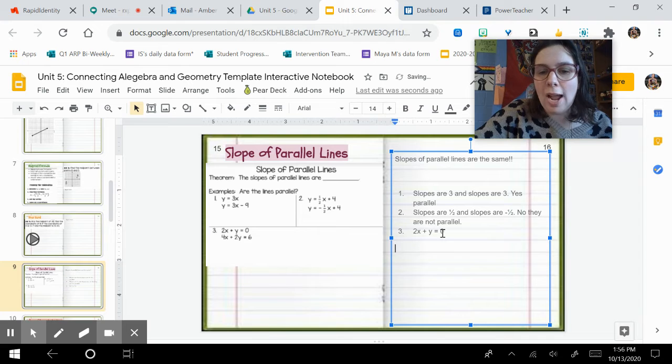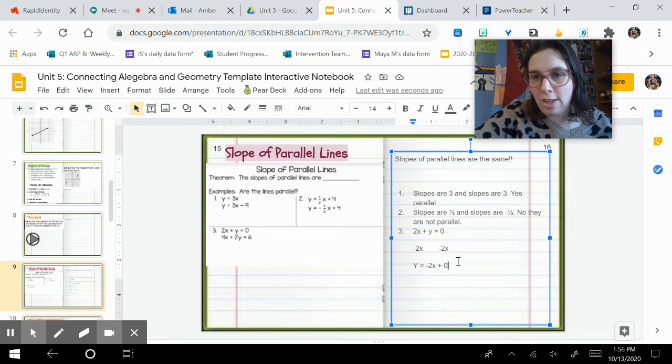To undo a positive 2x, we're going to subtract 2x on both sides. And then bring down the y, so y equals negative 2x plus 0. If there was a number beside the y, we would divide it out by the whole thing and then simplify. But we don't, so we don't have anything else.